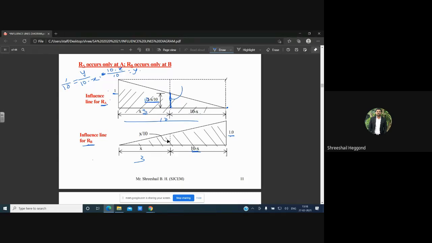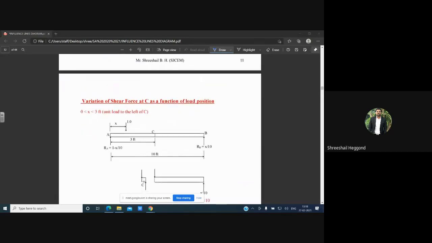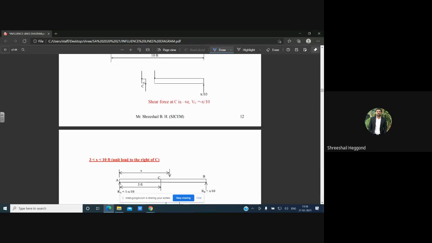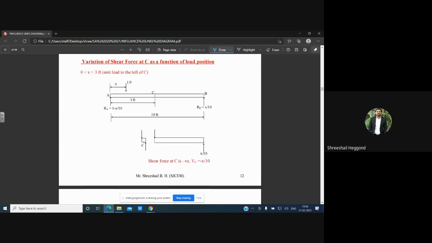Next is to draw the shear force diagram. This you need to keep in your mind. The ILD is for reaction as well as ILD for shear force. ILD for shear force can be calculated as we know, the total span of the member is 10 meter, and at 3 meter, if you want to calculate the shear force, then you need to consider the left hand side or right hand side of the particular component.